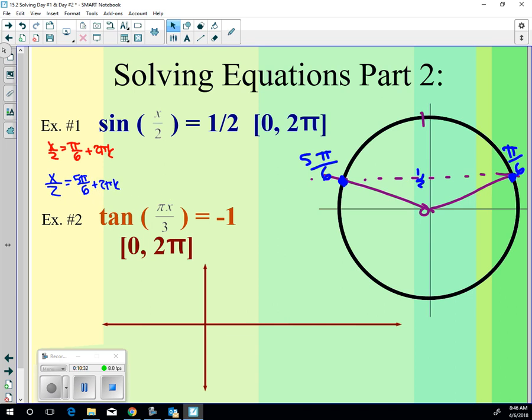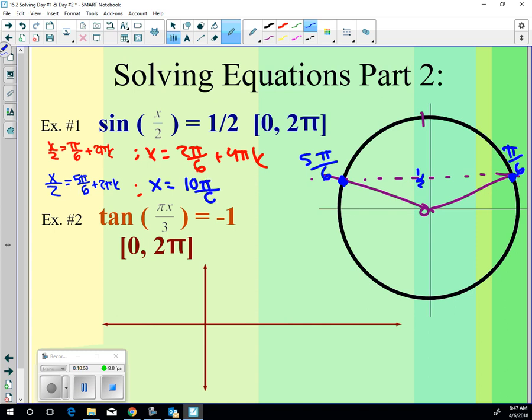Okay? Then you just multiply by 2. So x is going to be equal to 2 pi over 6 plus 4 pi k. And then this one's going to be x is equal to 10 pi over 6 plus 4 pi k. And you're done. By the way, the values between 0 and 2 pi are just going to be these first two, because as soon as you add 4 pi k, it's going to be too big.